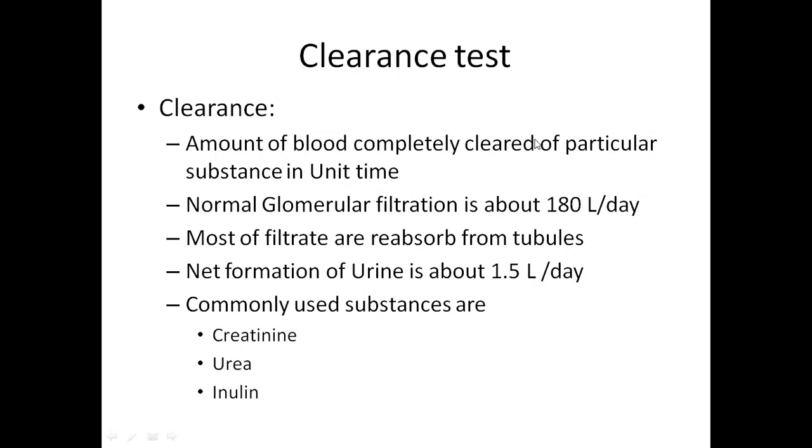The amount of blood completely cleared of urea per minute is known as the urea clearance test. Okay. And the same thing also applies for inulin clearance. So overall, mainly three substances are commonly used. Among them, creatinine is the most commonly used substance for the measurement of clearance.